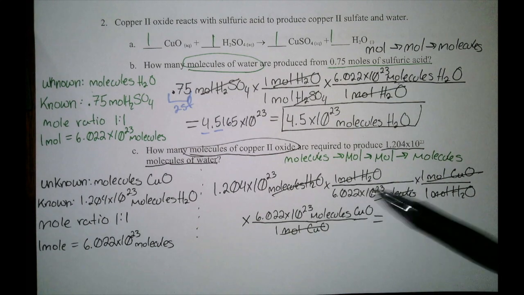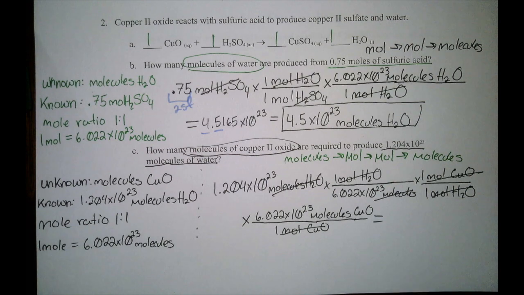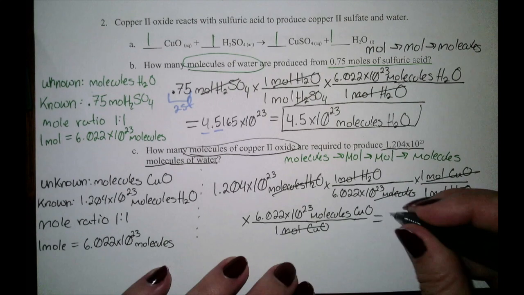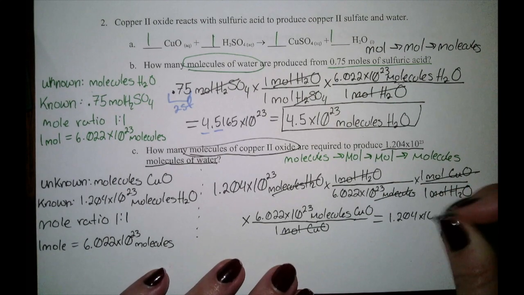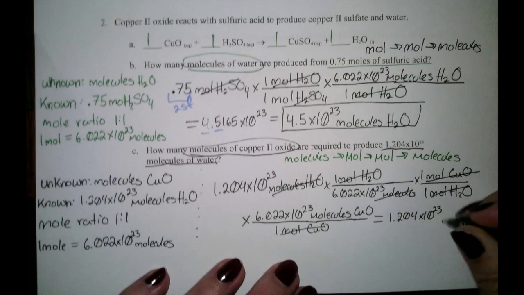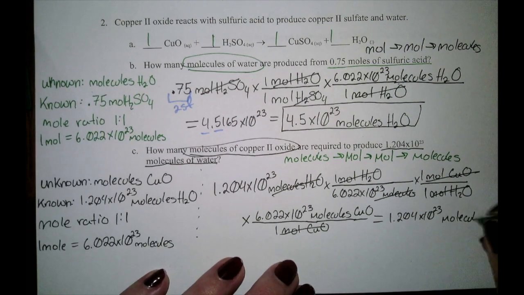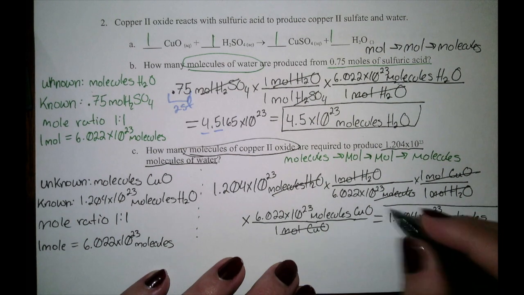So essentially, Avogadro's number cancels itself out on both sides in this equation, which means our number of molecules of water that we started with is going to be the same as our molecules of copper 2 oxide that we end with. Our final answer is going to be 1.204 times 10 to the 23rd molecules of copper 2 oxide.